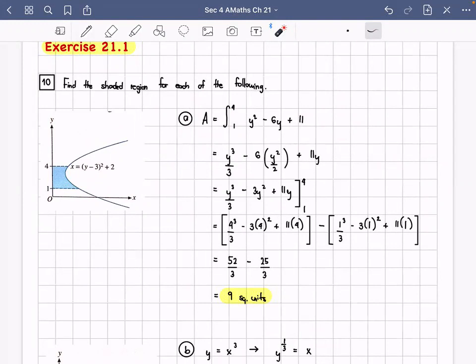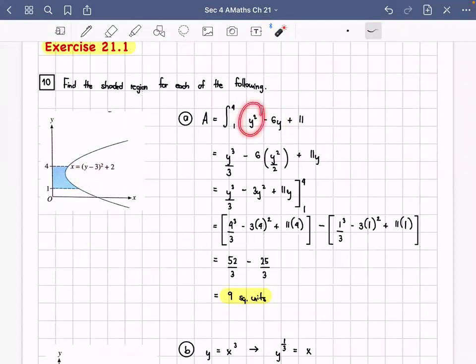4 and 1 being your upper and lower limits is equal to y squared minus 6y plus 11. So you need to evaluate this first, right? So it becomes y squared minus 6y plus 9 and then plus 2. So that's why you have plus 11 here.